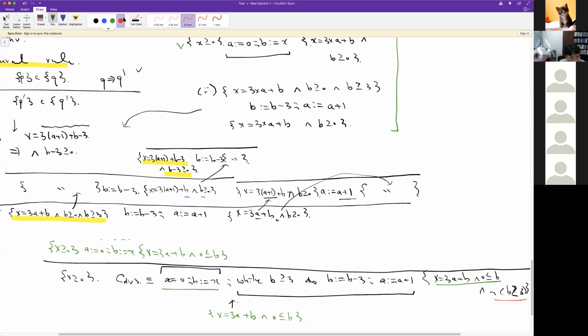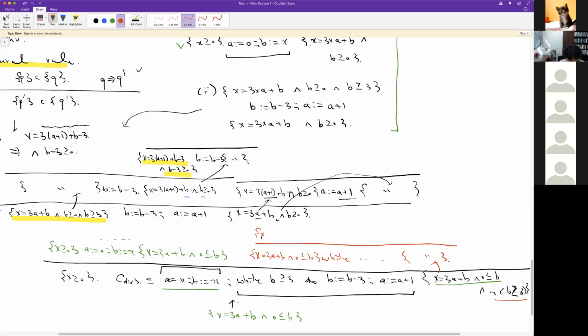And then for the other part, for the while loop, to do the reasoning we have to use the loop invariant.